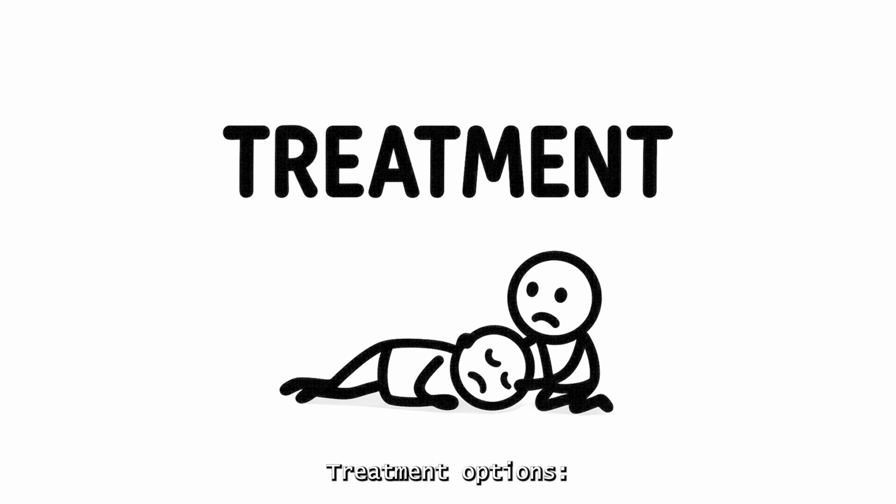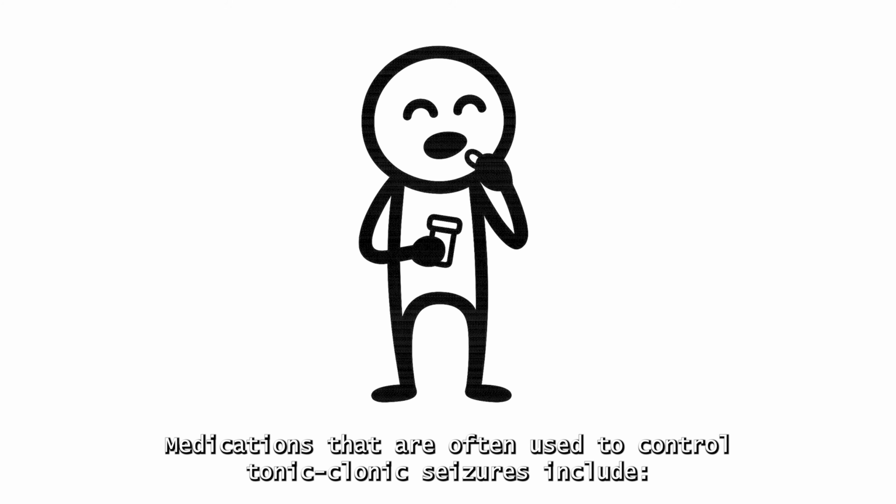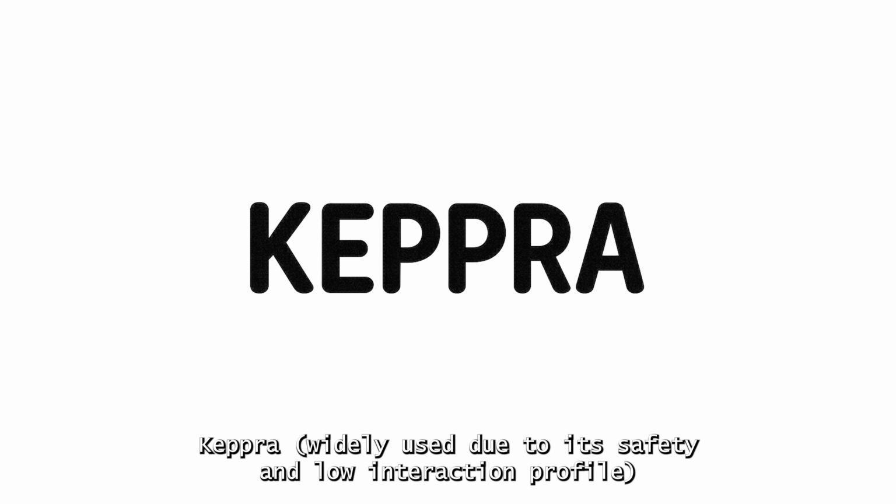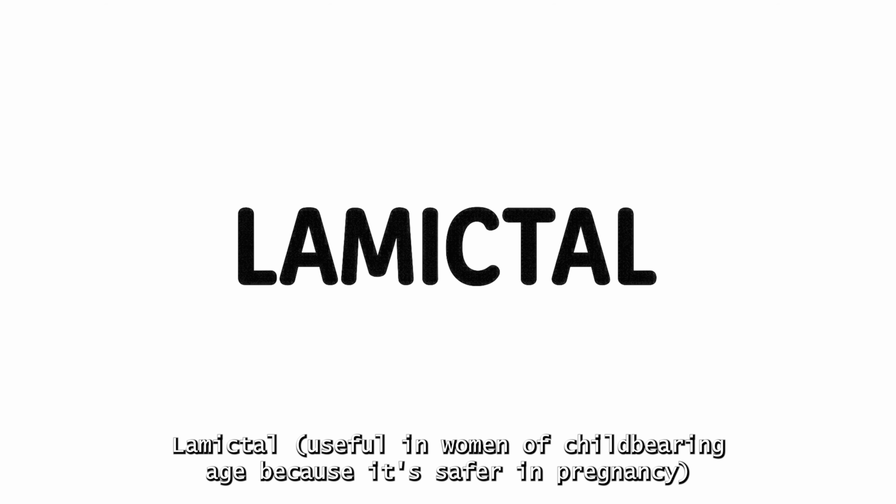Treatment options. Medications that are often used to control tonic-clonic seizures include Depakote, effective for generalized seizures and often first line. Keppra, widely used due to its safety and low interaction profile. Lamictal, useful in women of childbearing age because it's safer in pregnancy.